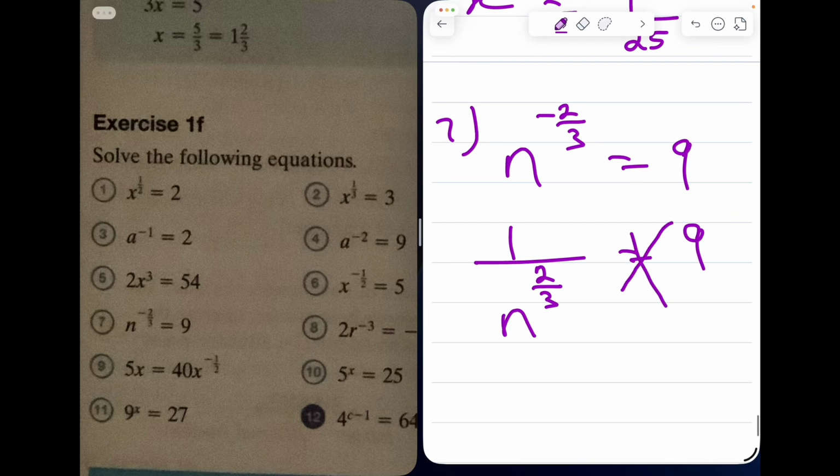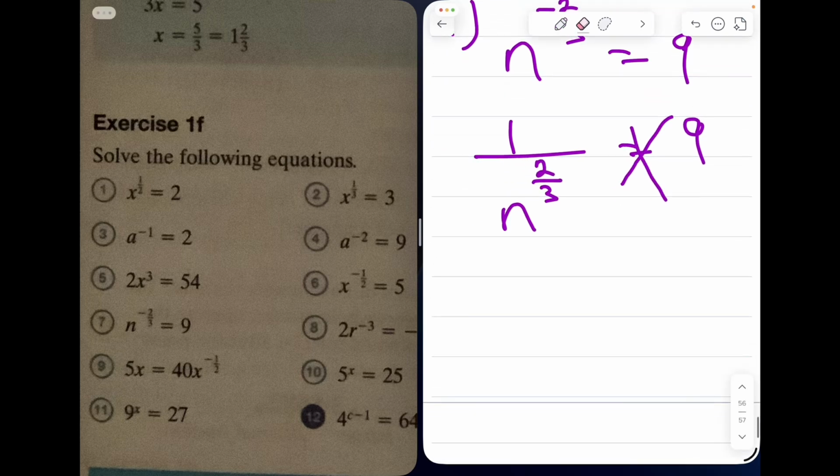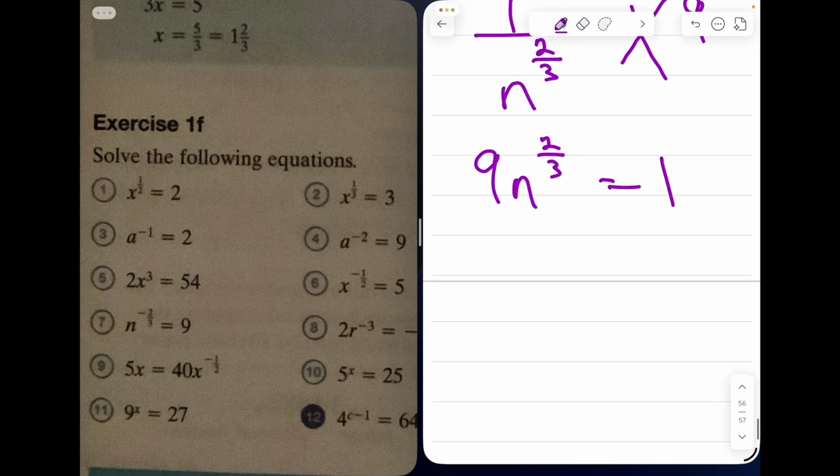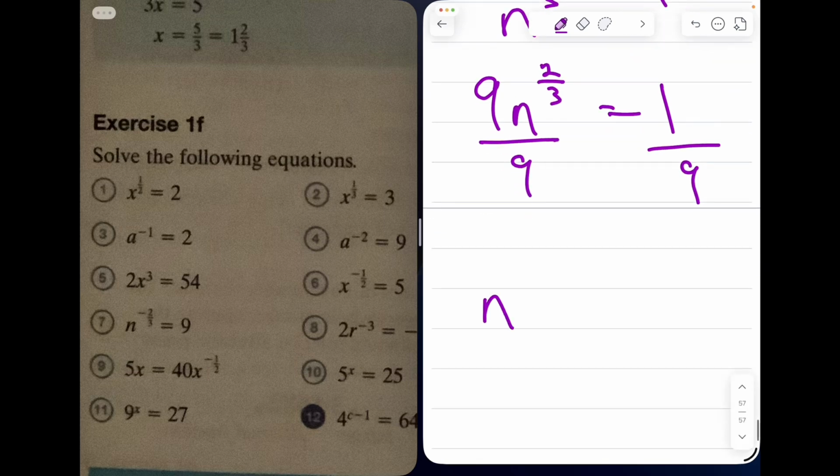If we cross multiply, what do we have? We have 9 n raised to power 2 over 3 is equal to 1. If we divide both sides by 9, that means n raised to power 2 over 3 is equal to 1 over 9.